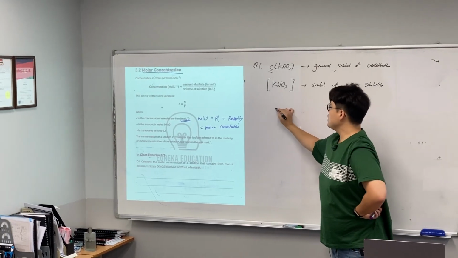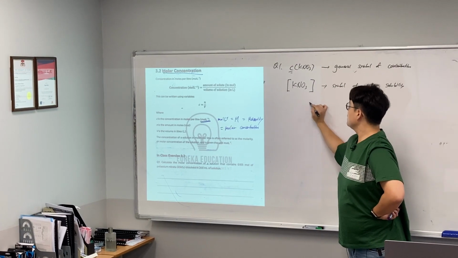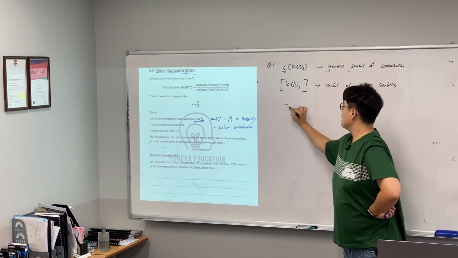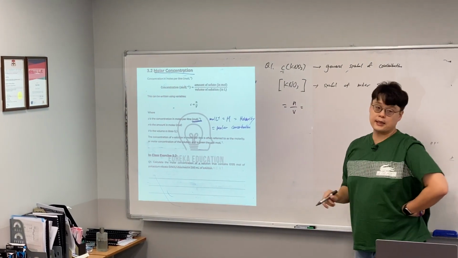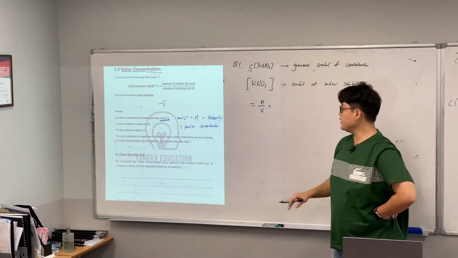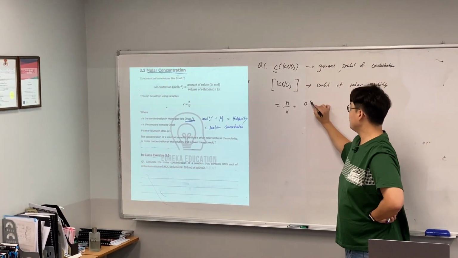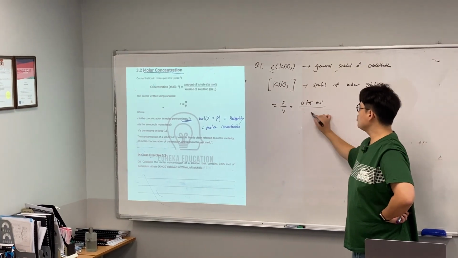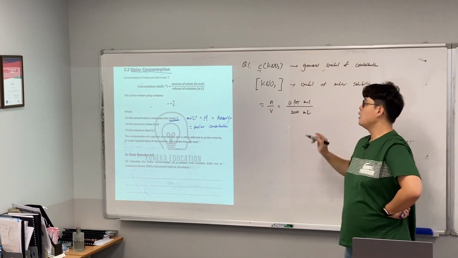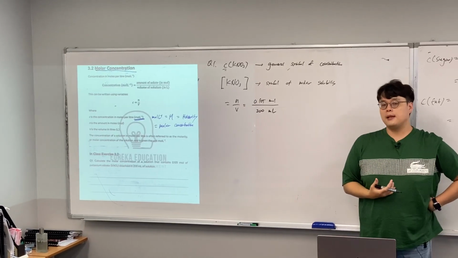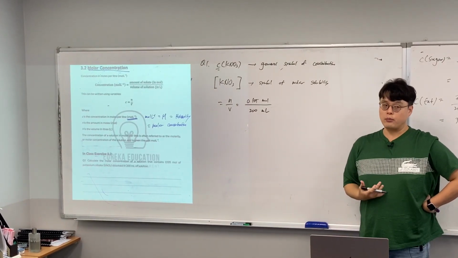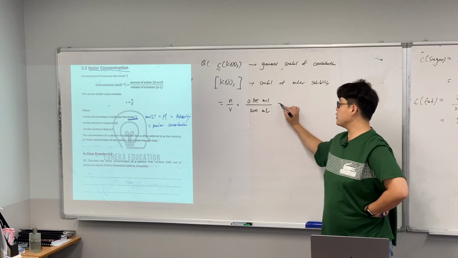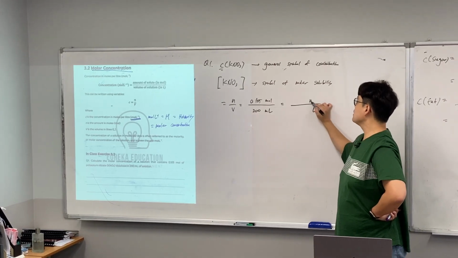That means I can rewrite that as n over V here. That n, we have the 0.105 mole. At the bottom, we have the 200 mL. Now, we don't accept the milliliter as a standard unit for mole per liter, so we need to convert that into liters and leave the mole on the top.